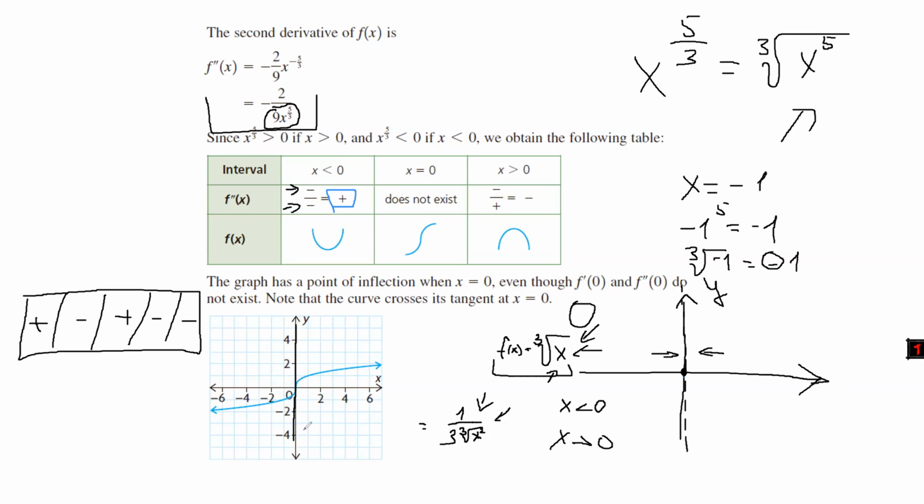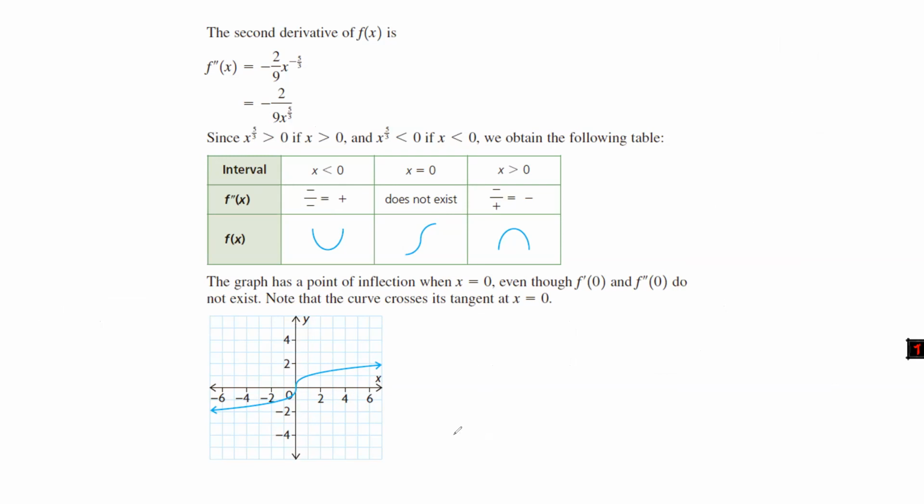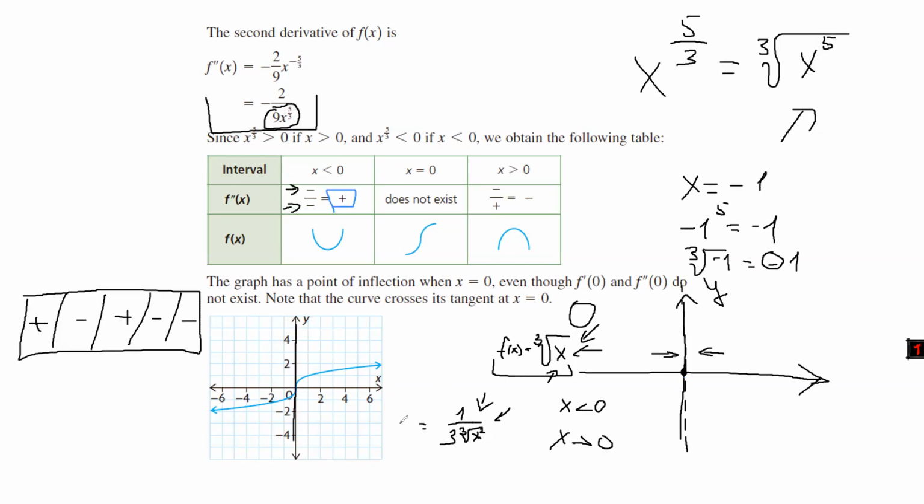Sorry, so you said for the first derivative test, the undefined would equal the horizontal asymptote. No, opposite. Vertical asymptote, and the zeros are the horizontal asymptote. Sorry, not asymptote, but tangent lines.